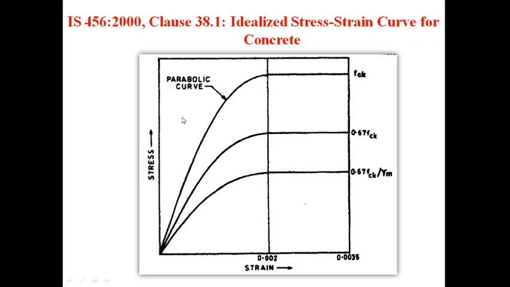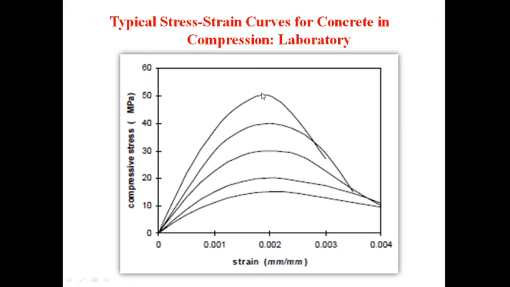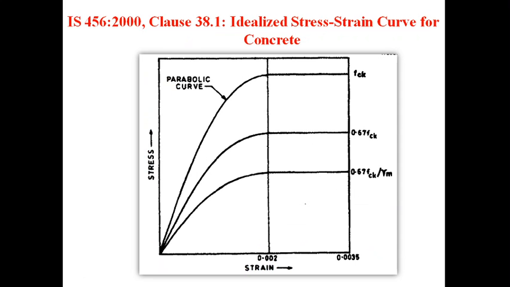Again here it is stress and strain. Up to 0.002 strain it is a parabolic curve as per the IS code, and instead of the descending branch like what is obtained in the laboratory, the IS code assumed that from 0.002 up to 0.0035, that is up to failure strain, it remains straight.